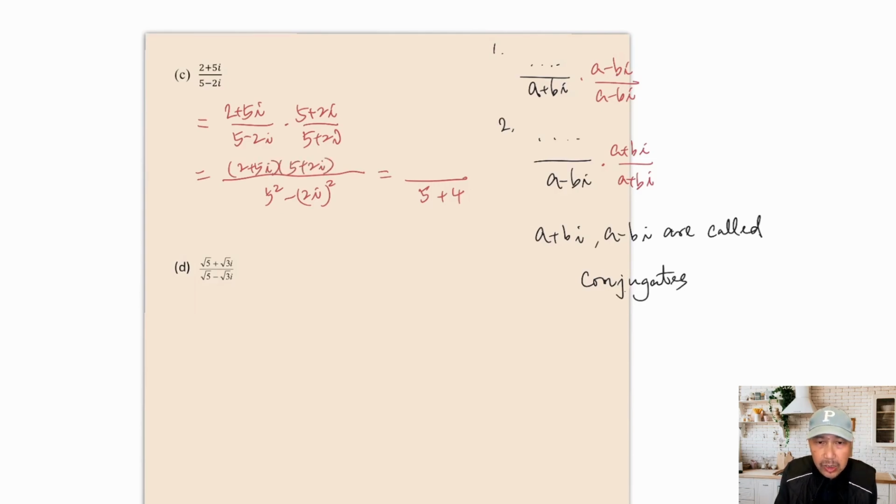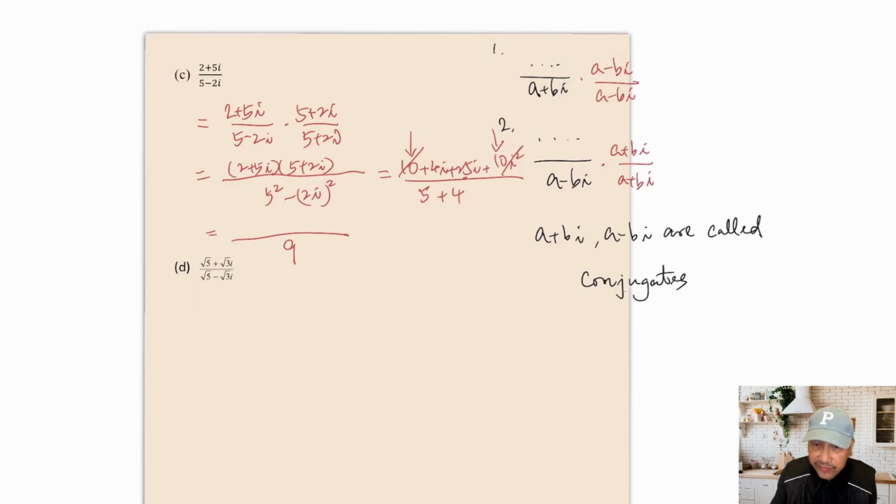There will be 4 terms: 10 plus 4i plus 25i plus 10i squared. The denominator becomes 29. Okay, 10 and 10i squared is negative 10, so they cancel.